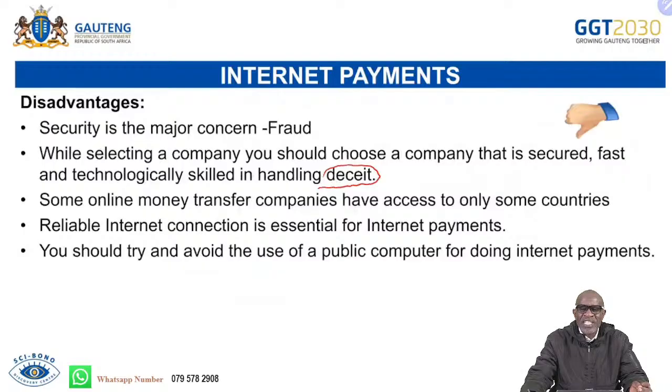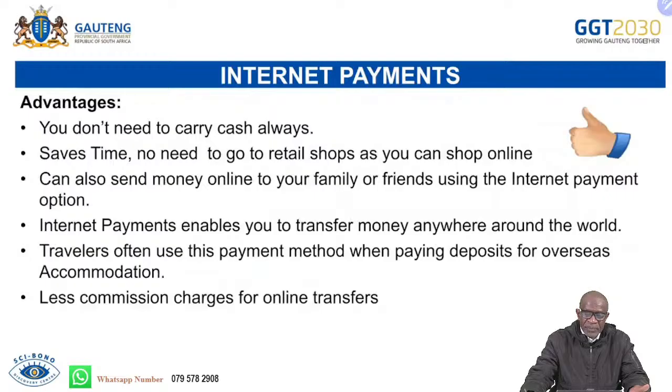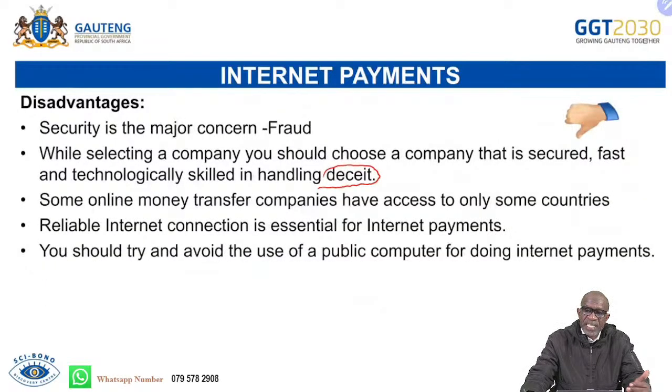We also looked into the SWIFT method, that is the wire method, as well as the internet payment, which is closely linked to the EFT, or from which the EFT becomes a category. Let's move forward and assess the disadvantage of this method of payment. I think we have covered these before the break.